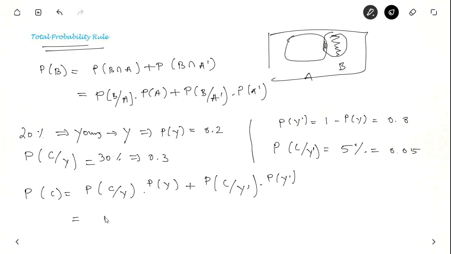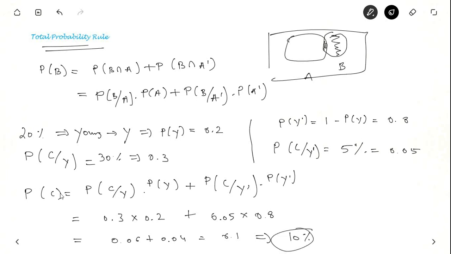So C given Y is 0.3 into 0.2, plus C given Y dash is 0.05 into 0.8. So it is 0.06 plus 0.04, which is 0.1, that is 10%. So the probability that a claim happens is 10%.